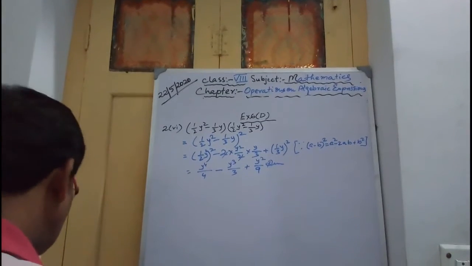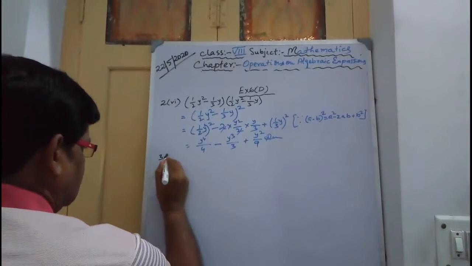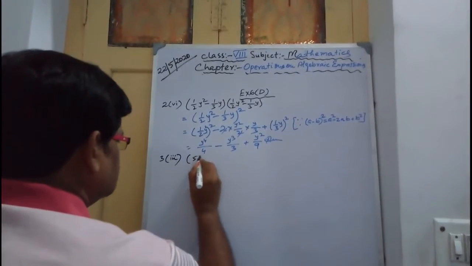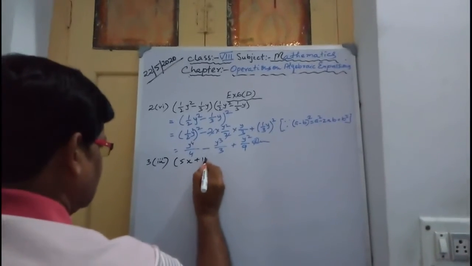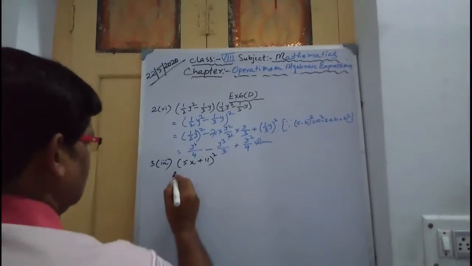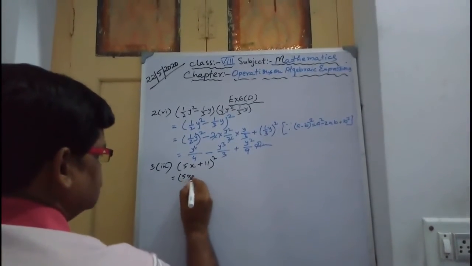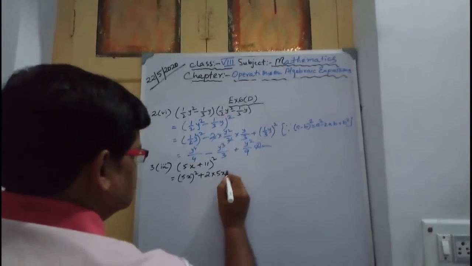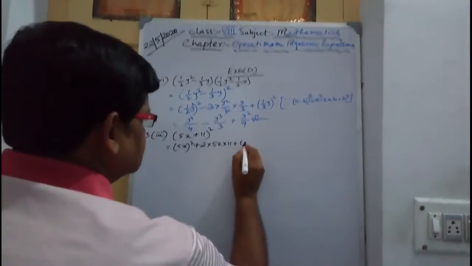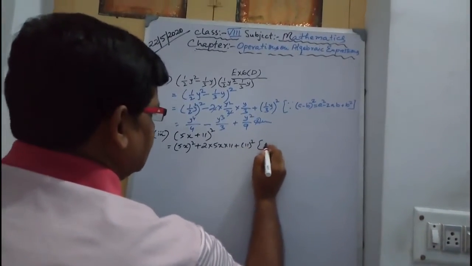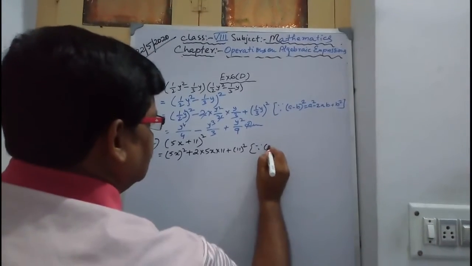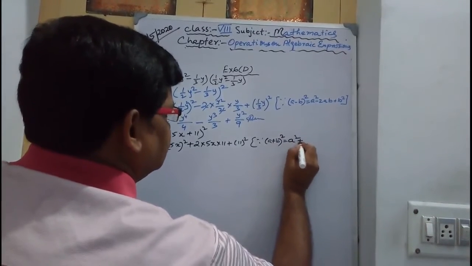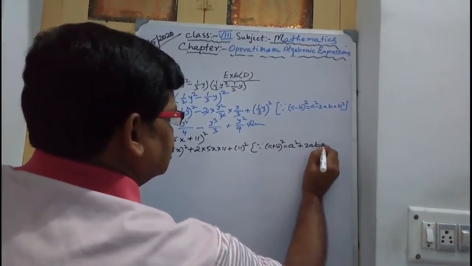Now next question, 3 Roman 3, (5x + 11) whole square. So (5x)² + 2·5x·11 + 11². (a + b) whole square equals a² + 2ab + b².